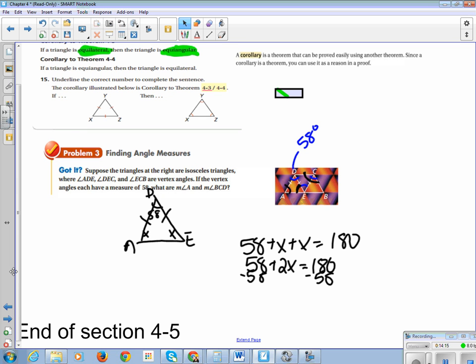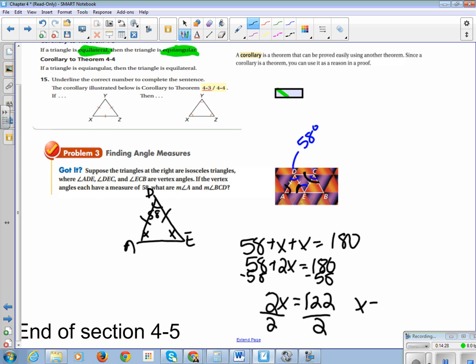And I get 2x equals not 130, because it's 58, so it's 122. Divided by 2, x is equal to 61.